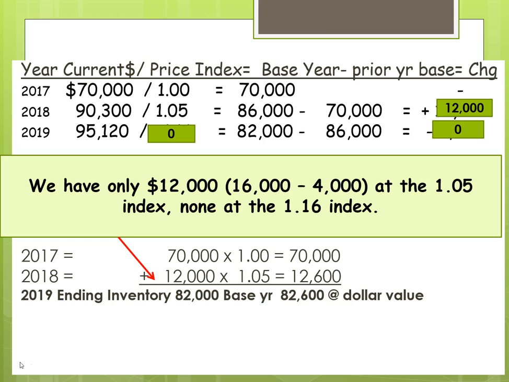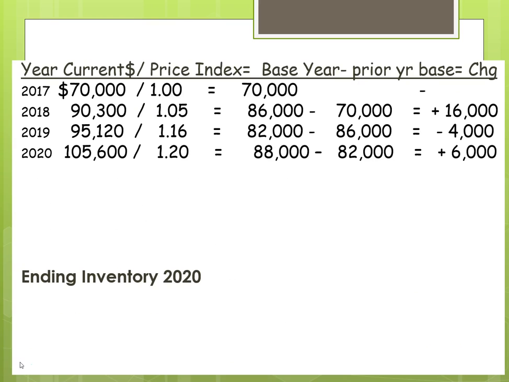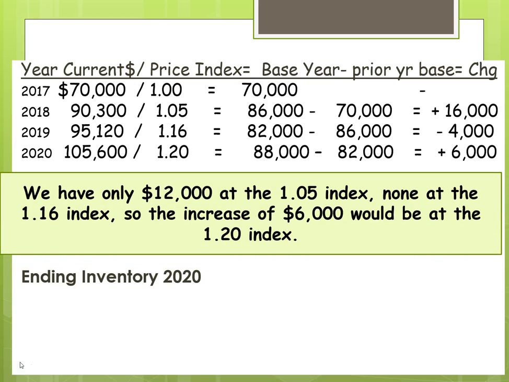Now let's do 2020. All right, now we went up by 6, so now we're going to figure out our ending inventory. We have only 12,000 at the 1.05 index, none at the 1.16, so we have an increase of 6,000 that would be at the 1.2 index.